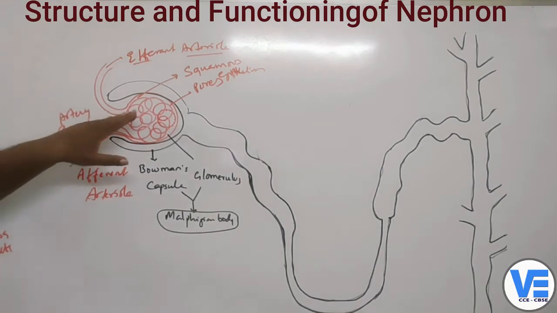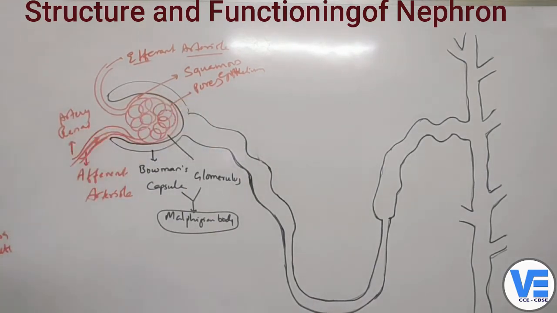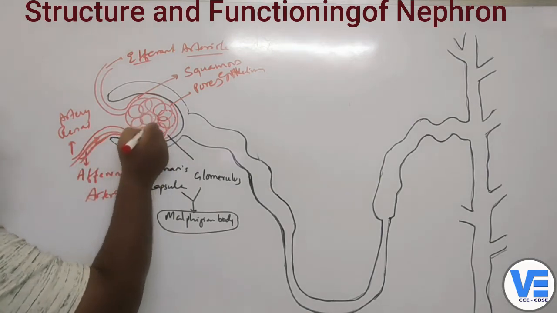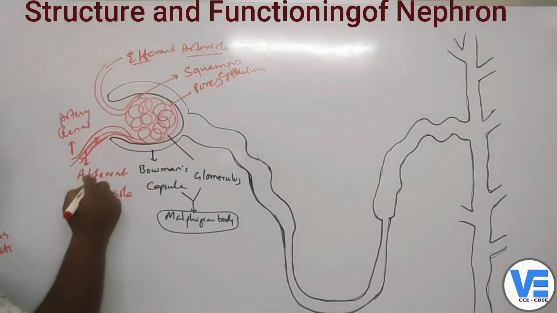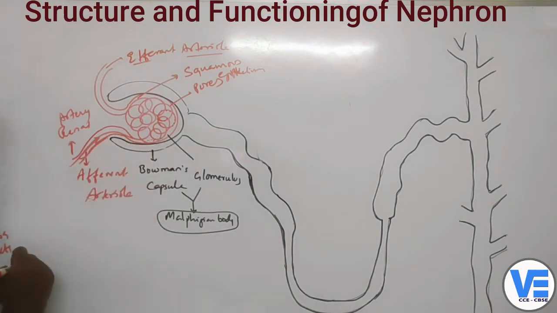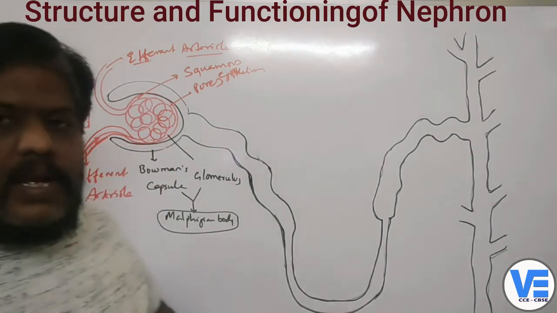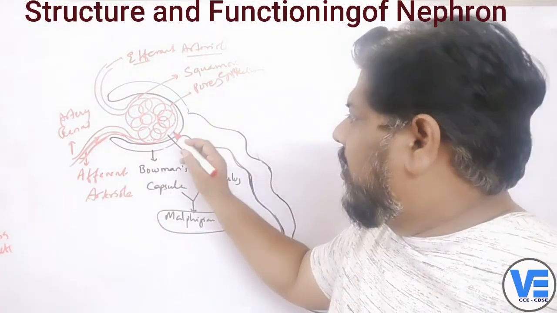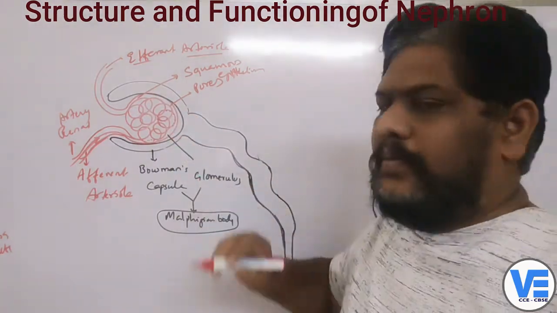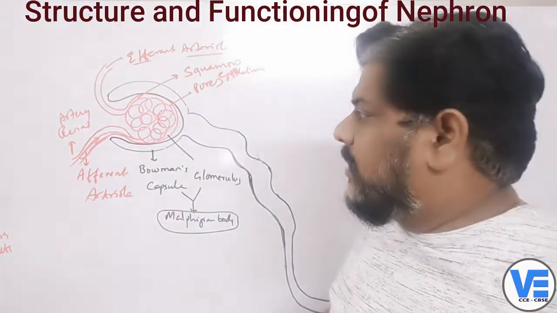So these have pores in them. When the blood travels in this capillary network, remember that whatever contents are there in the blood, all these contents will come into the Bowman's capsule.